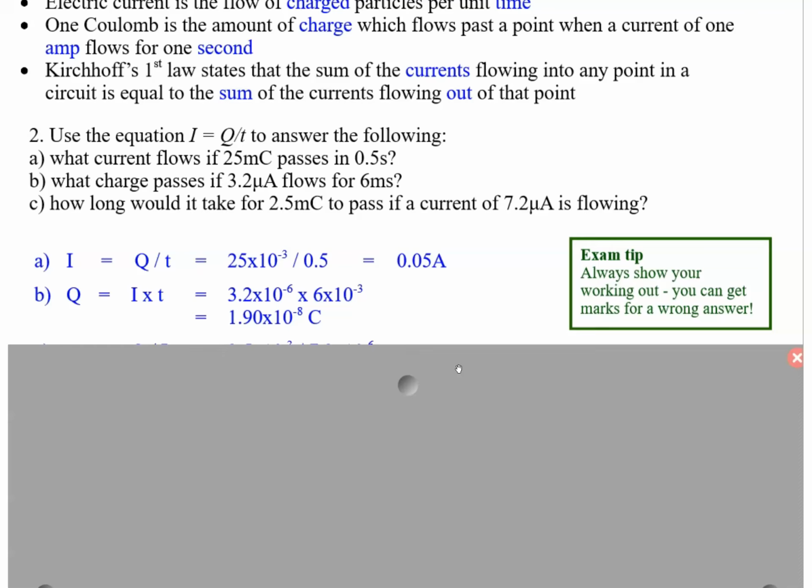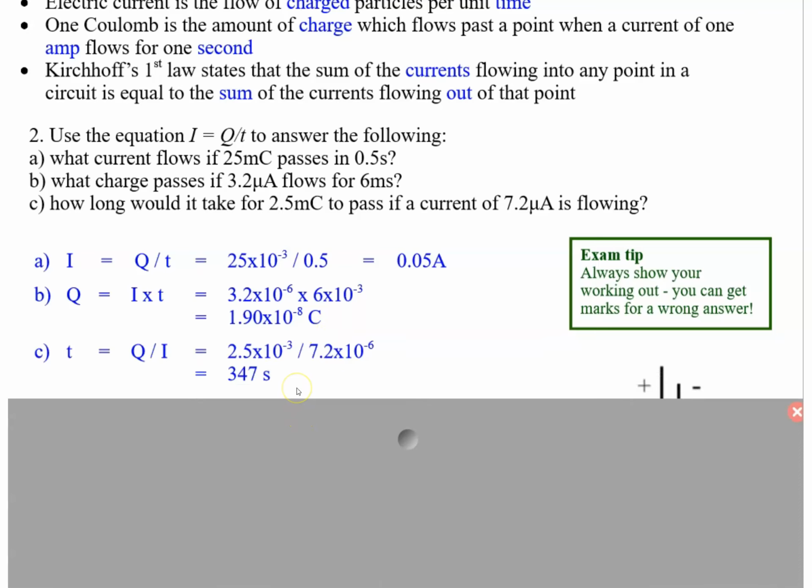For 2b, we've got Q equals I times T. So we've got 3.2 micro, which is 10 to the minus 6, multiplied by 6 milli, 10 to the minus 3, and you should get 1.9 times 10 to the minus 8 coulombs. Once again, make the distinction between Q, which is a symbol for charge, and C, which is the unit of charge, coulombs. The final variation on this formula will be to make T the subject.